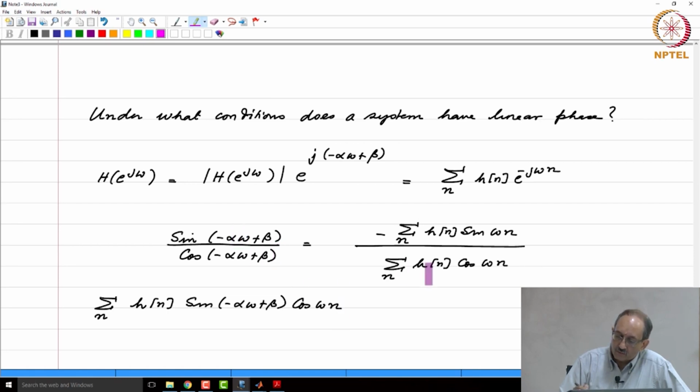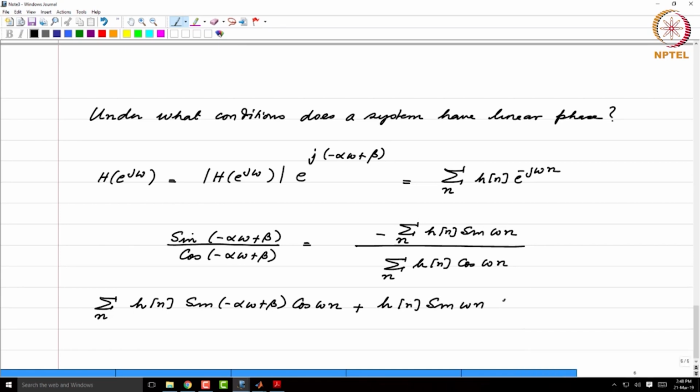If I cross multiply this and this, I get this. If I cross multiply this and this, I will get the term on the right hand side. I will take the right hand side to the left hand side, and because of the minus sign here, I will get a plus sign here, and this will be nothing but h of n sin omega n cos of minus alpha omega plus beta. This must be 0. Cross multiply and collect all terms to one side.